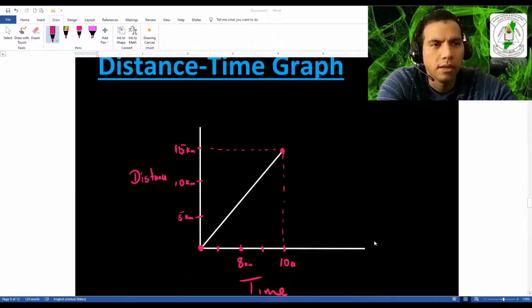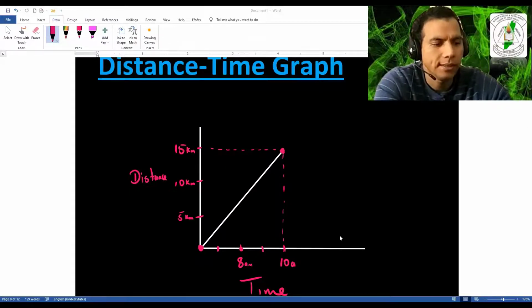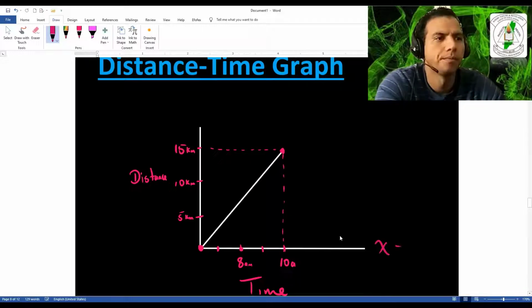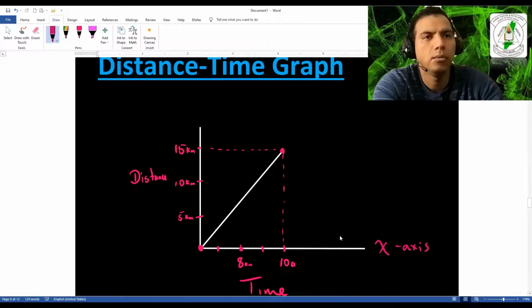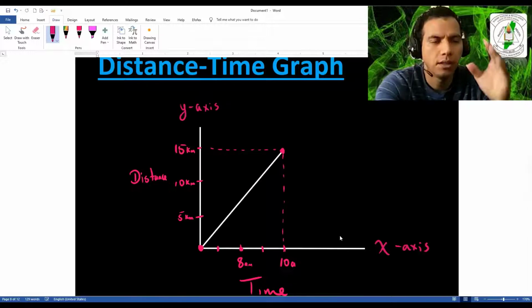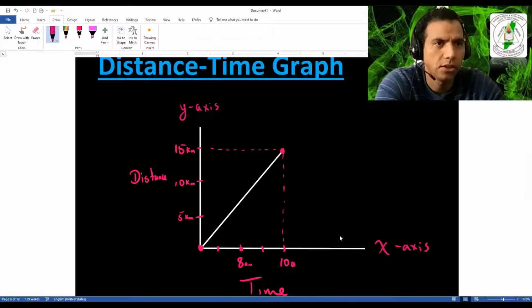Here we have a little diagram that shows the x-axis and the y-axis. On a Cartesian plane, this section here is known as the first quadrant, quadrant 1.